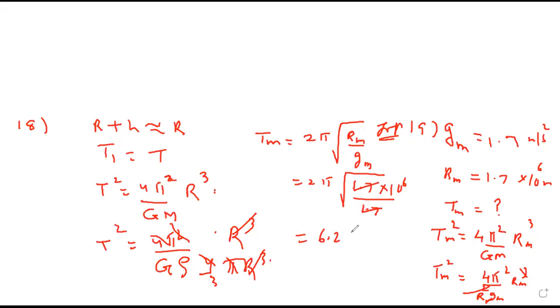So 2 pi is 6.28 into 10 raised to 3 seconds. 6.28 into 10 raised to 3 seconds is the option.